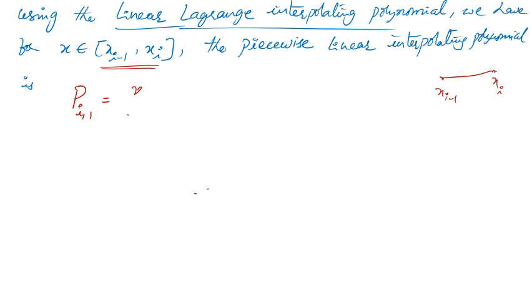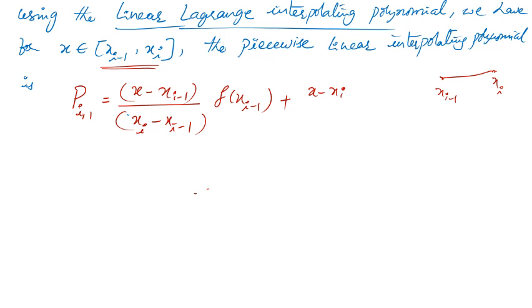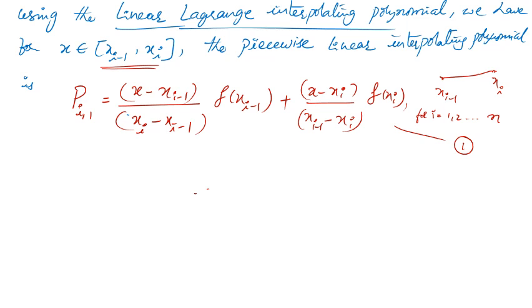Now in this one, first x minus xi, replace x by xi minus 1, multiplied by the function at xi minus 1, plus next x minus xi minus 1, by replacing x by xi, multiplied by the function value at xi. This is for i equal to 1 to n. This is the linear Lagrange polynomial.